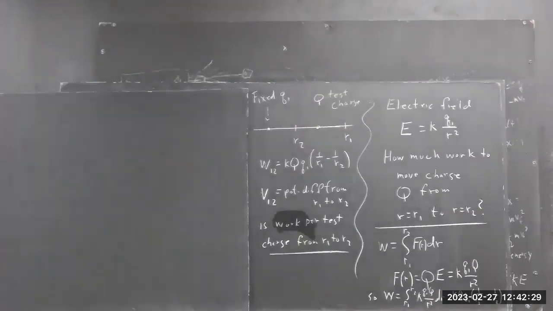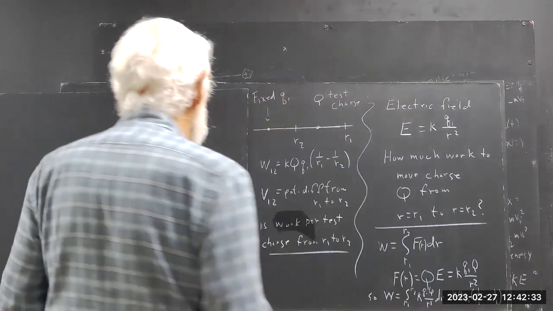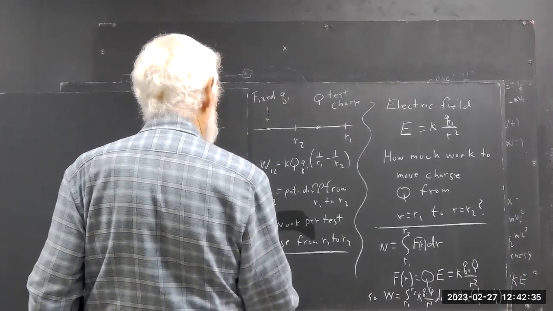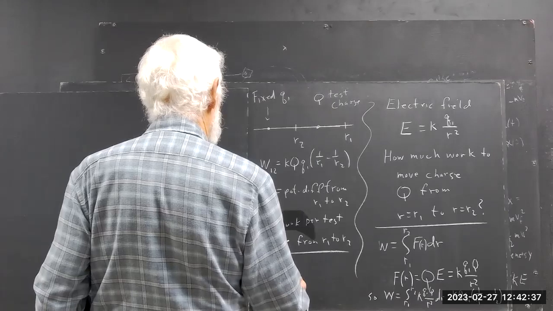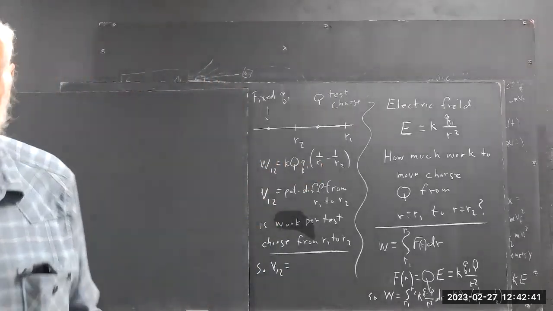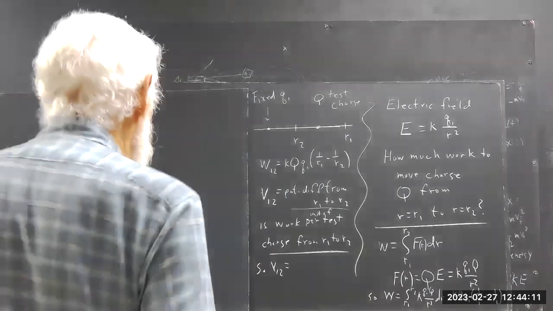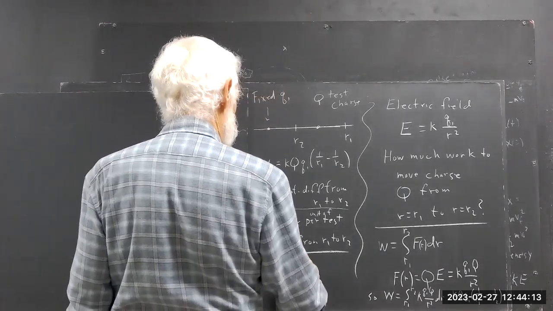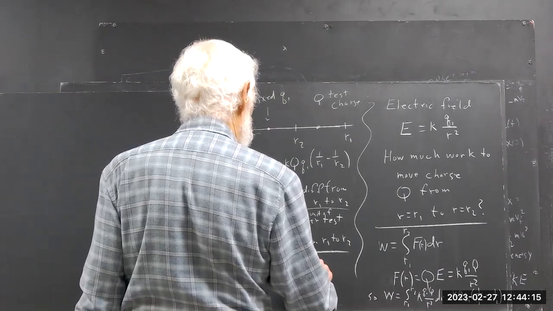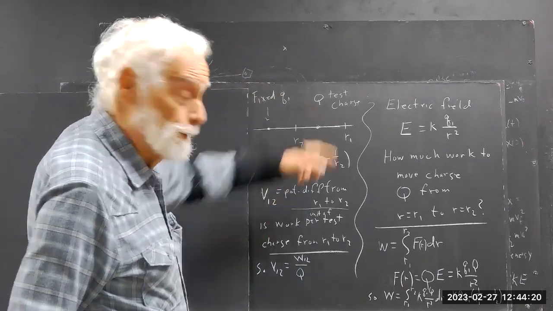Work per unit test charge. Okay, and what would that be? So V12 is work per unit test charge.